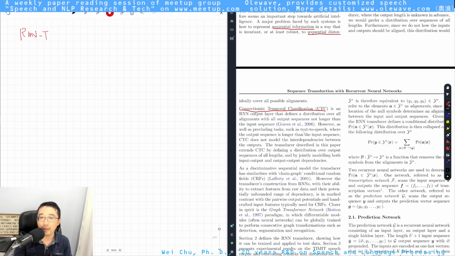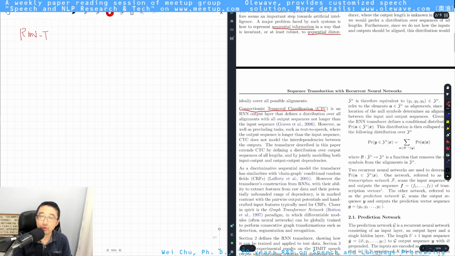Then how can he have this recurrent structure, which means the current output is dependent on the previous output?